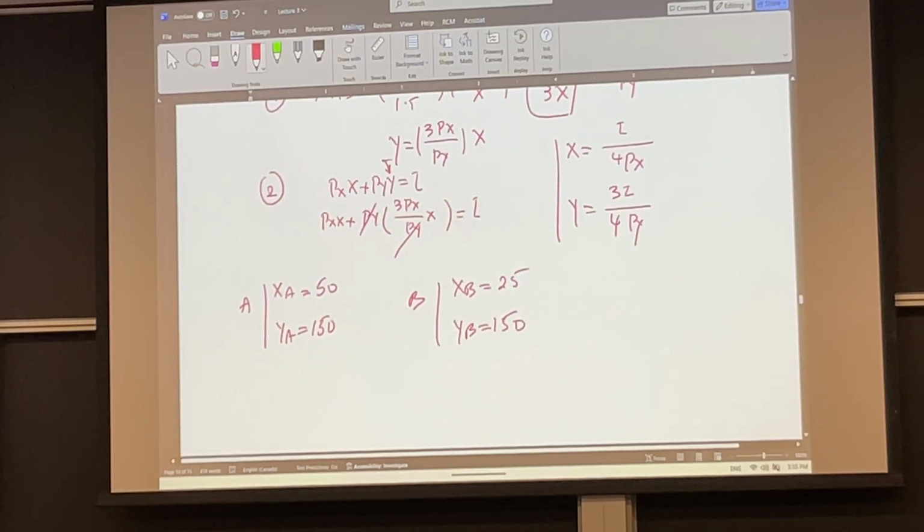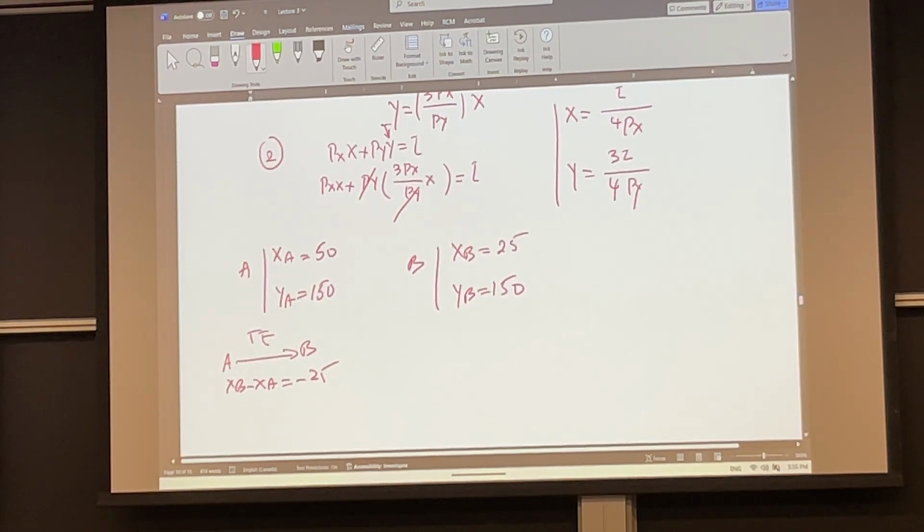So we call A to B the total effect of the price change, which is minus 25 units. The individual consumes 25 fewer units, because the price goes up by $1.